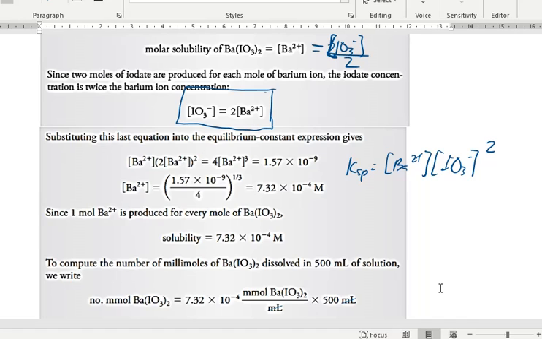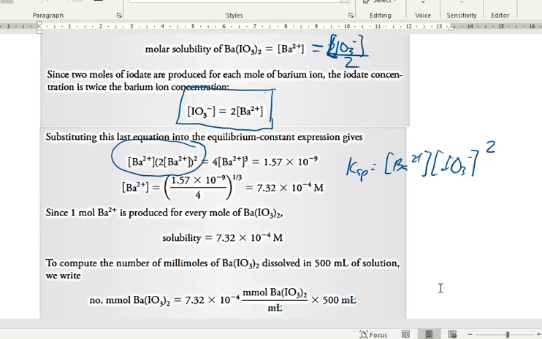So that means we can substitute barium with IO3 over 2, or we can substitute iodate with 2 times barium. Okay? And that is what we're doing here. So now, using algebra, just basic math, it's now equal to 1.57 times 10 to the minus 9.